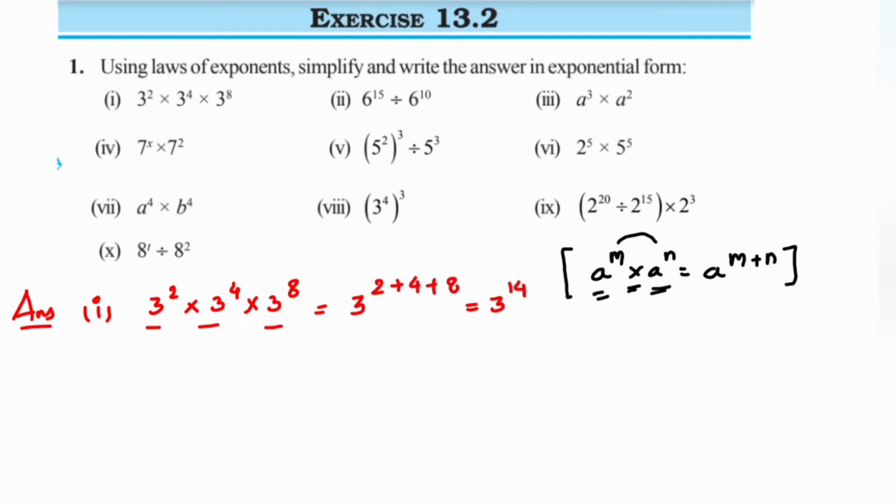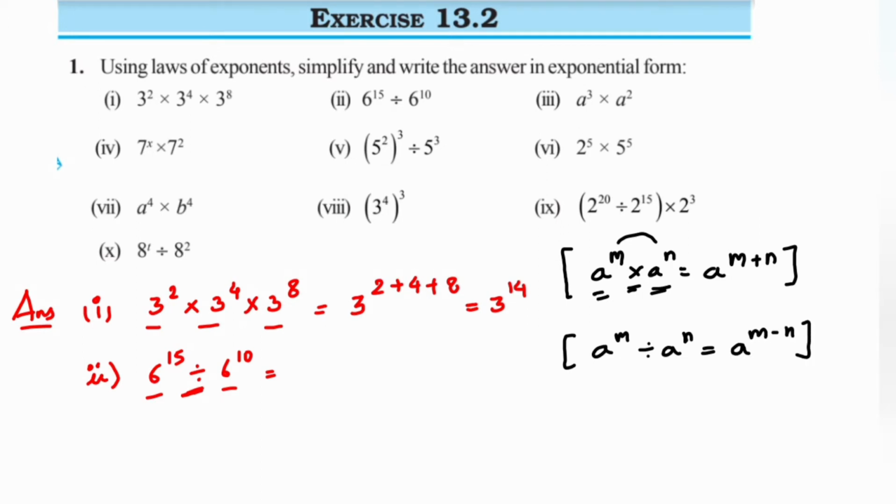Now the second question: 6 to the power 15 divided by 6 to the power 10. Again the bases are same but we have division as the operator. In that case, we have one more law: a to the power m divided by a to the power n. If you're dividing numbers with the same base but different exponents, then the base will remain same but the powers will get subtracted.